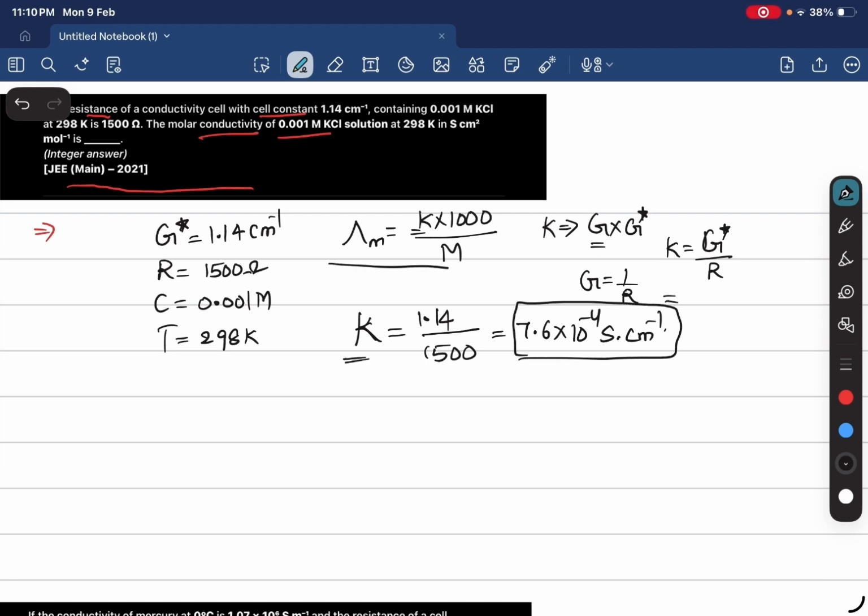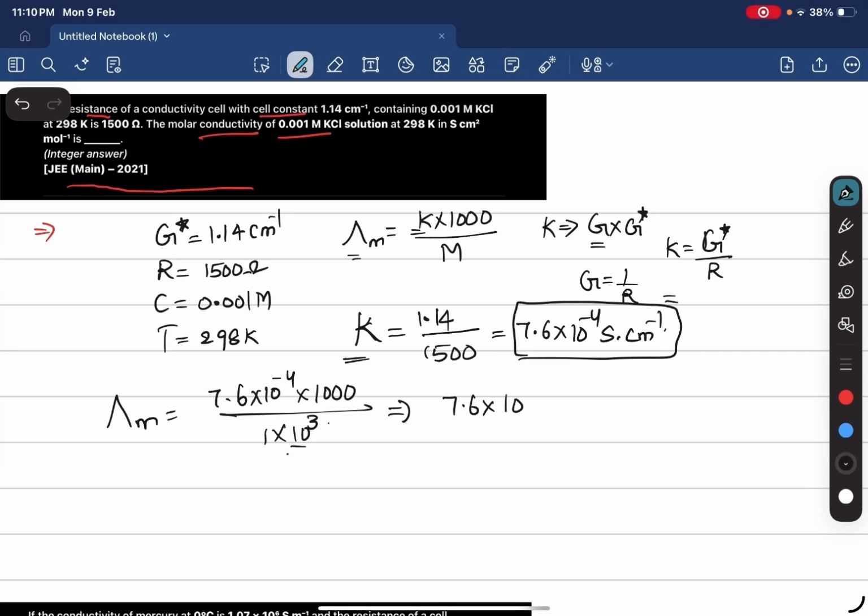Now we can use this formula to find lambda m. Lambda m equals 7.6 into 10 power minus 4 into 1000 by 10 power minus 3.